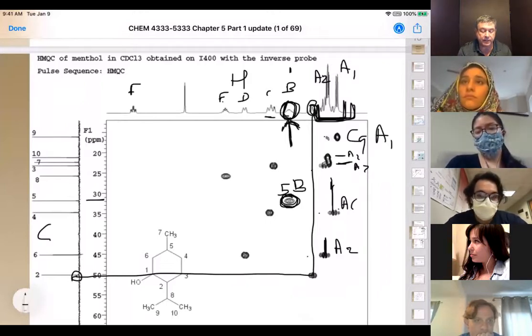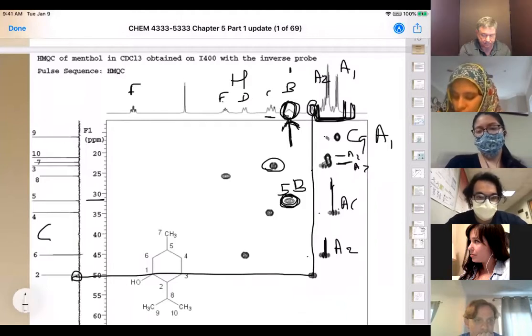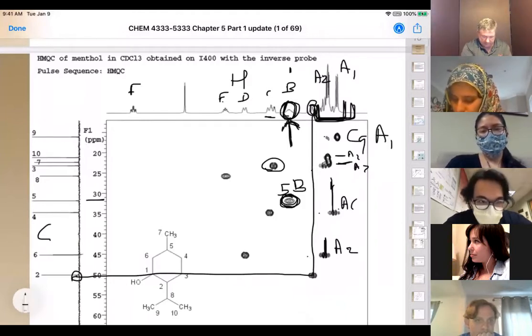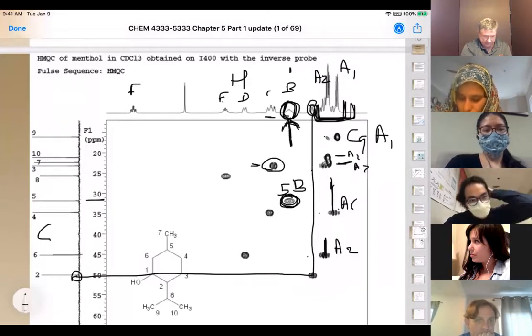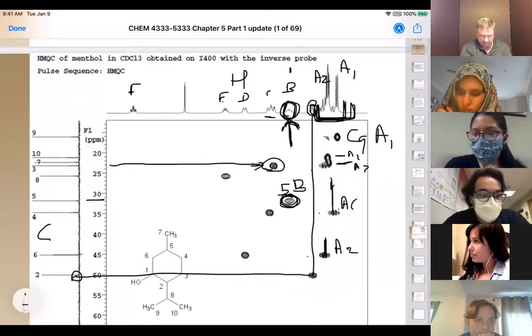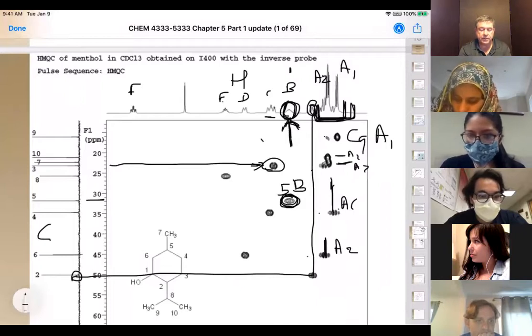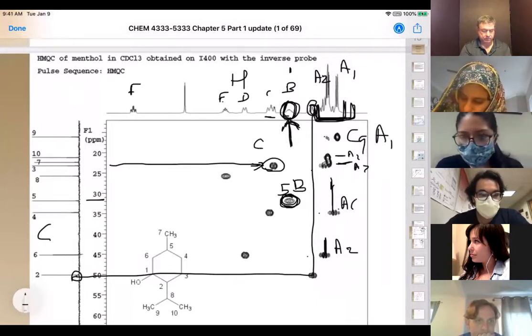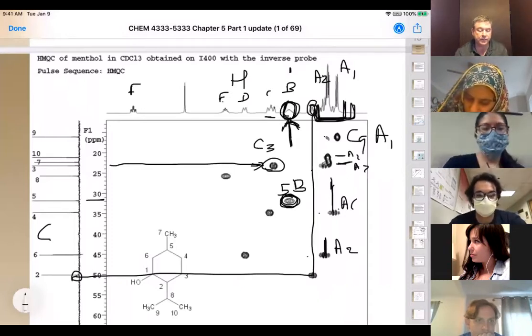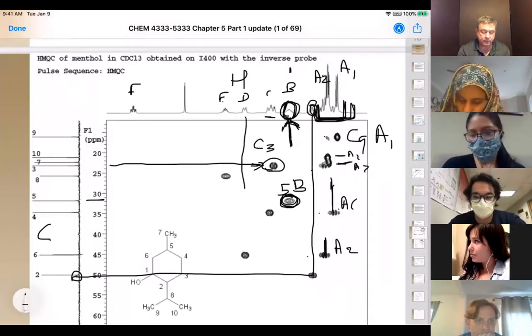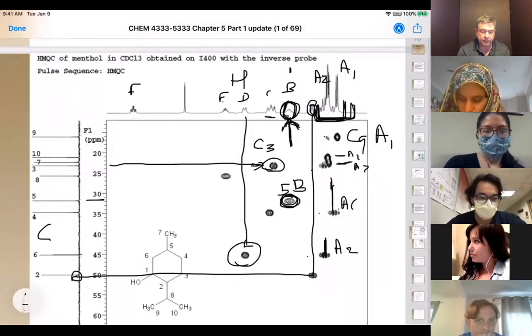Okay, we move over to C. These C's are only related to, I don't know, it's either 3 or 7. I'm going to just call it 3, I guess. D is only on carbon number 6.